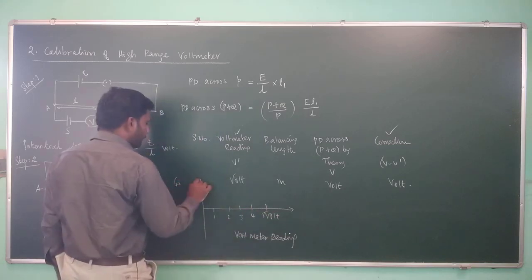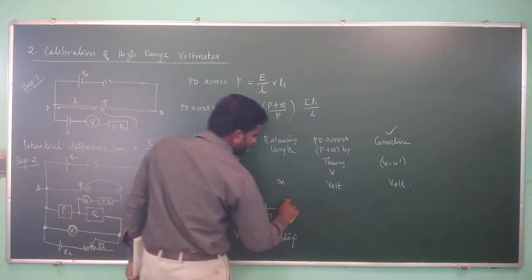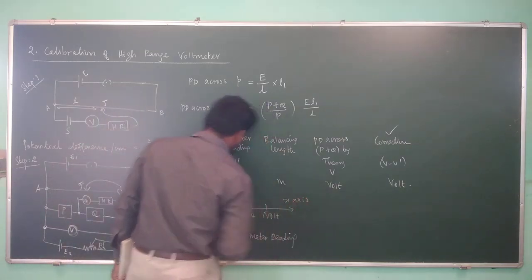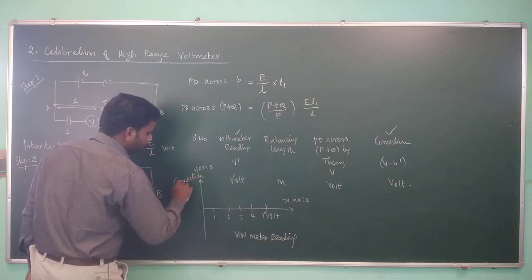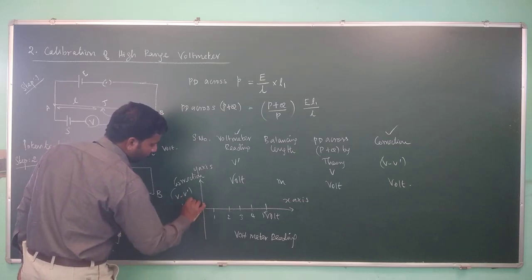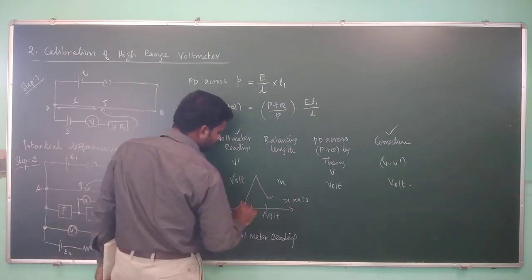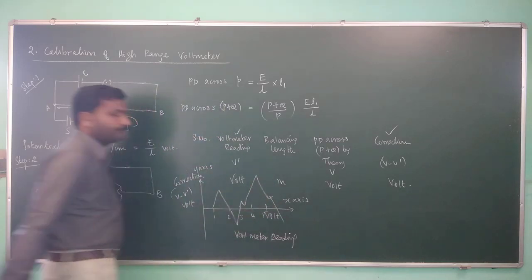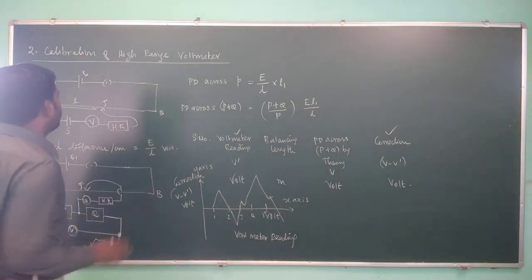And this y-axis is the correction value, V minus V prime. This is also in volt, so it will give you a graph like this. In that way, you will get the correction graph. So this is how we can know.